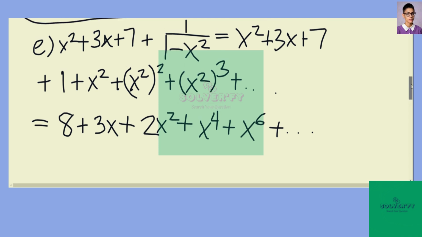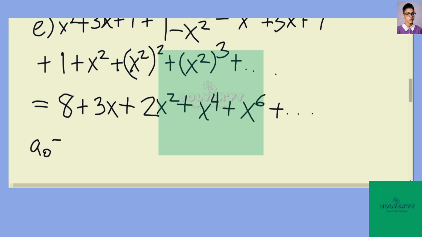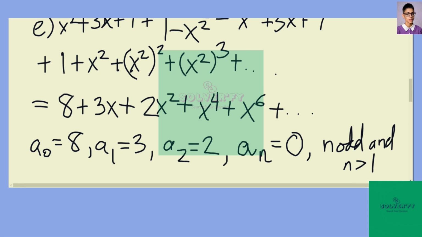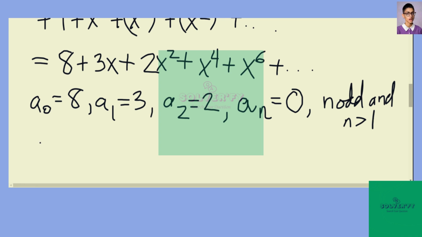And so the sequence corresponding to this generating function is a sub 0 equals 8, a sub 1 equals 3, a sub 2 equals 2, and you have that a sub n is equal to 0 if n is odd and n is greater than 1.